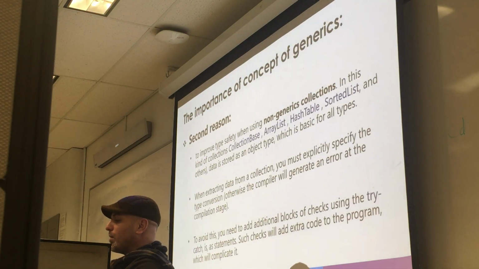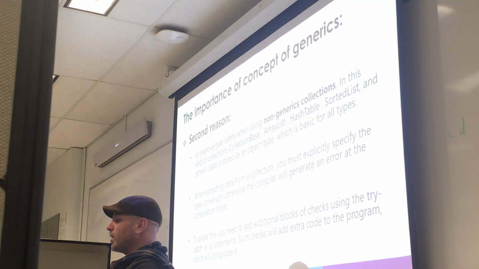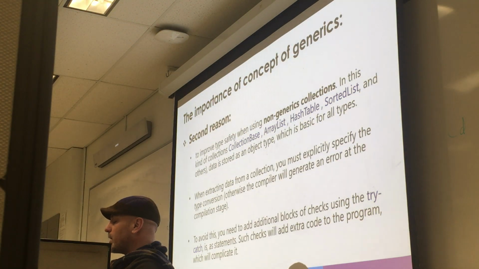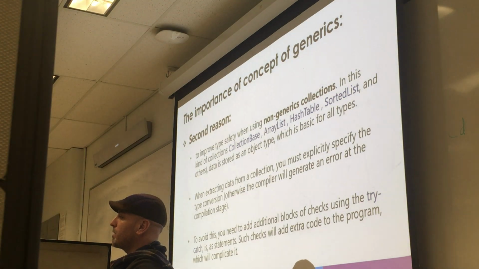To avoid this, you need to add it. In this case, maybe it will run an error. So to avoid this, you need to add additional flow of checks using the try and catch. You remember try and catch? This is the exceptions.